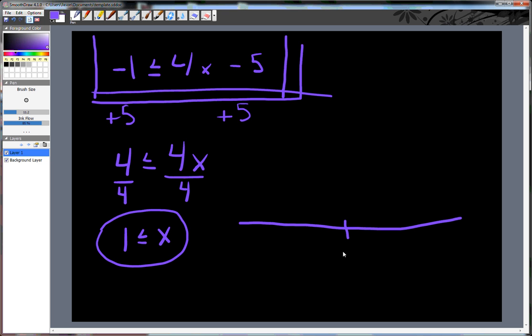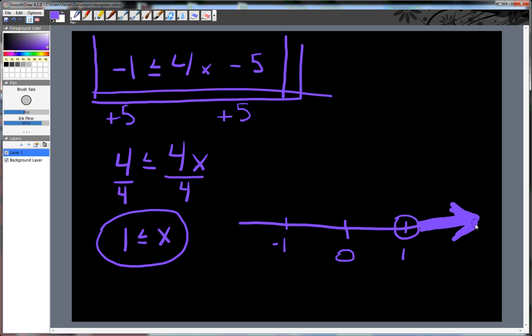If this is 0 and this is negative 1 and this is 1, we're going to have the circle over the 1. Our line, x is greater than 1, so our line needs to go this way, greater than 1.